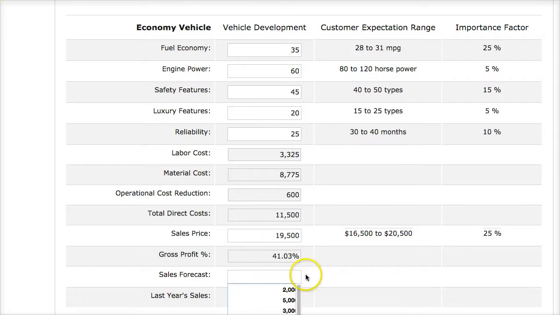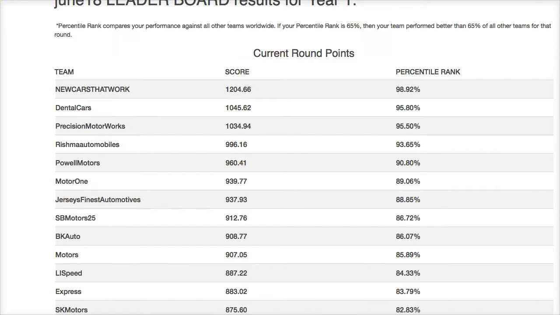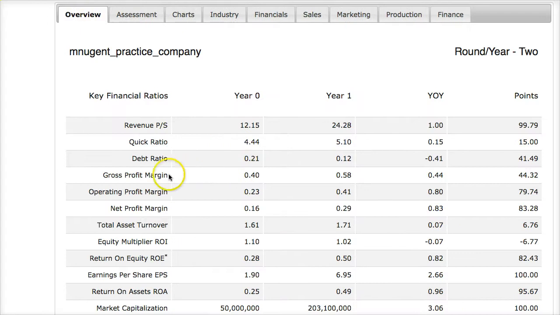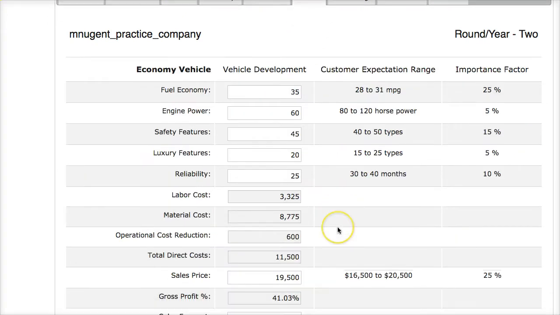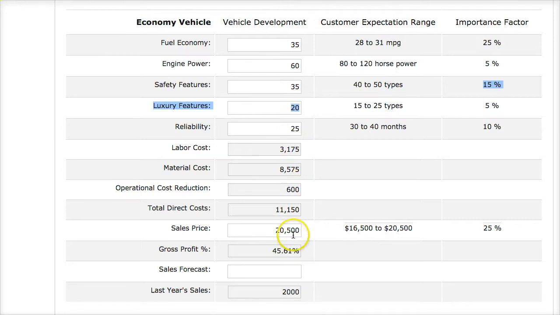I'm noticing here that my profit margin is low. If I go back to where my profit margins were on the overview, I need to get my gross profit margin back up to 58%. So in sales, I might have to increase prices. I might have to lower costs to try to get that up.